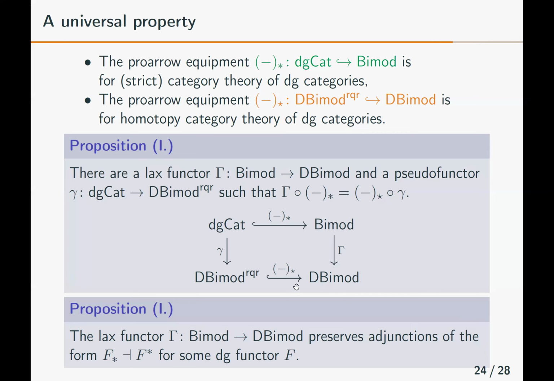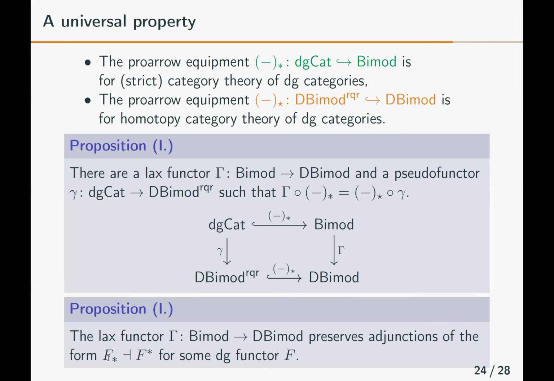We can see this by constructing capital gamma explicitly, and checking that its restriction along asterisk becomes a pseudofunctor. In addition, the lax functor capital gamma preserves adjunctions coming from DG functors like this.